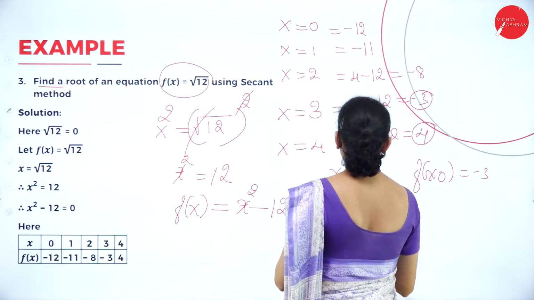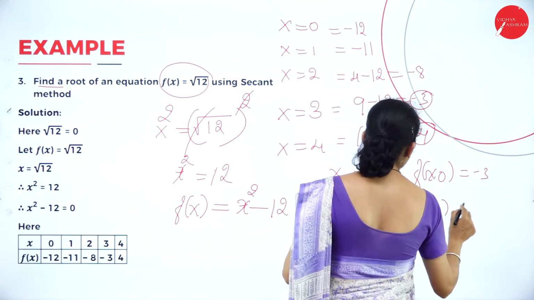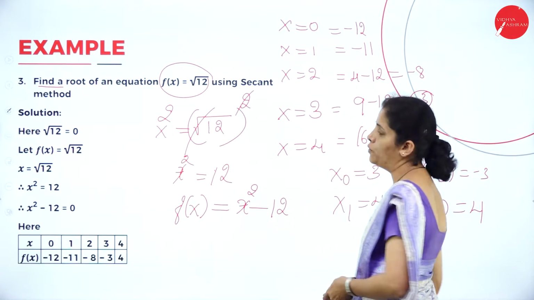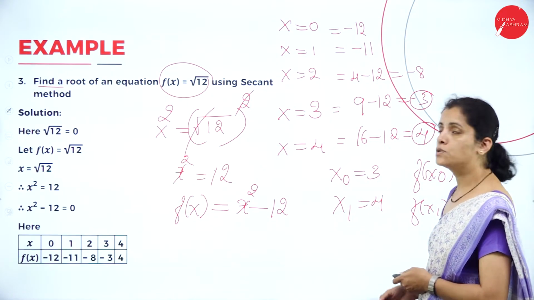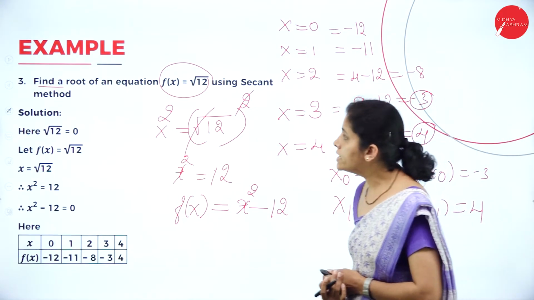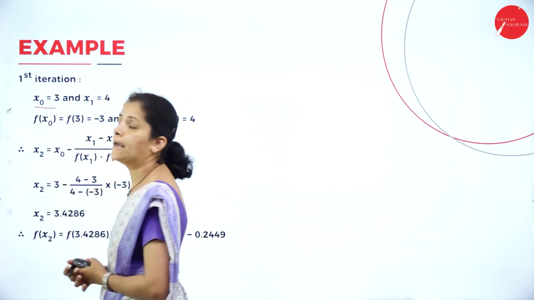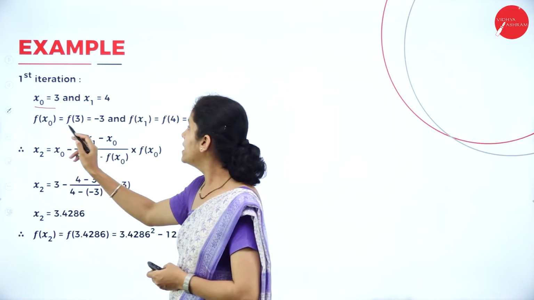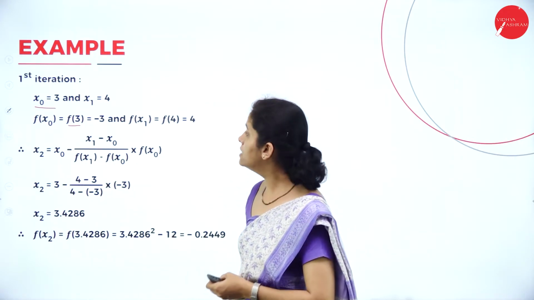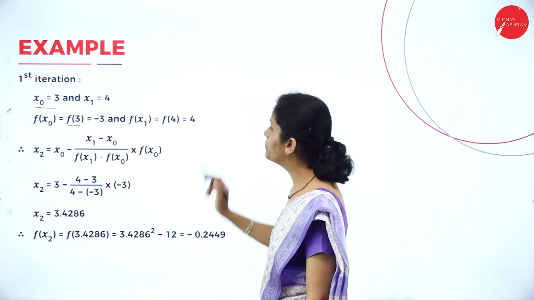When x1 equal to 4, my f of x1 is 4. Okay, now I got x0 as well as x1. So see here, in my first iteration, I got x0 as 3 and x1 as 4. Then f of 3 is minus 3 and f of 4 is 4.